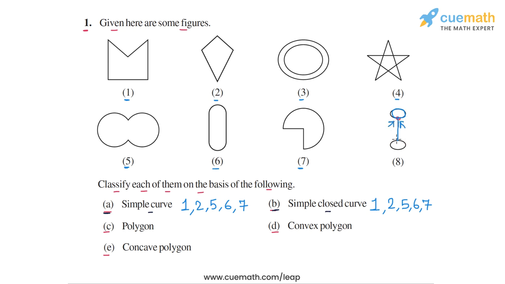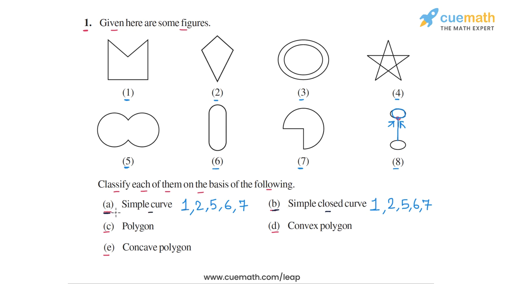So if you had to draw this figure using a pencil, the drawing would cross itself, and hence this is not a simple curve. So we will not write this against category A or category B.